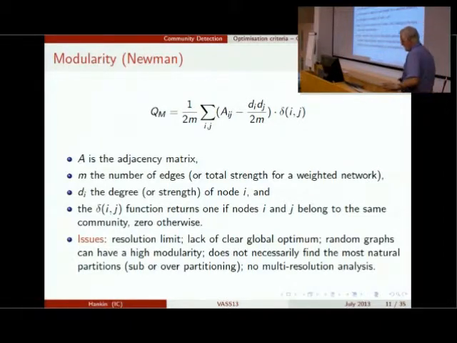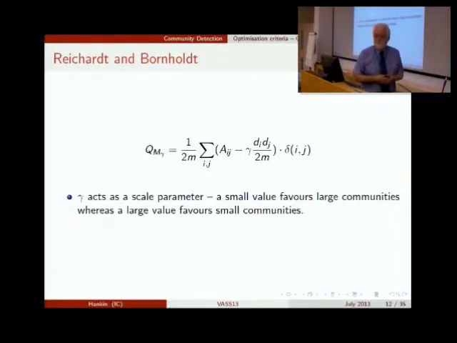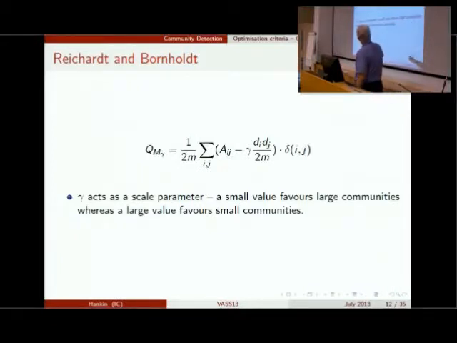So there are a number of newer, more recent approaches which try to address some of these issues. Many of them effectively introduce a parameter to deal with the resolution issue. So this is another measure which is based on modularity. Hopefully you recognize the measure here. It's very similar to the Newman measure, except there's a parameter gamma there.